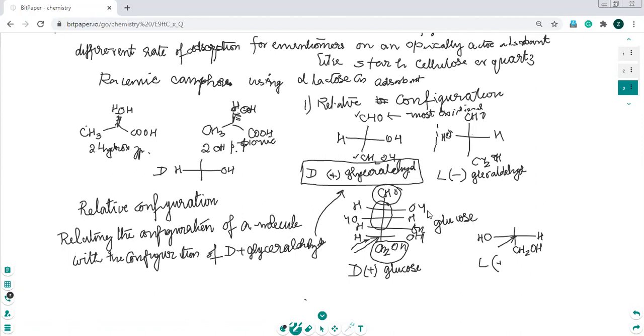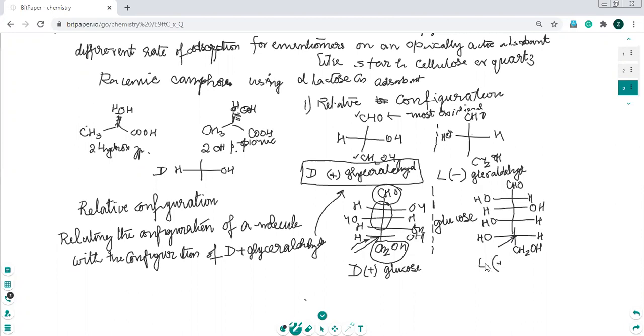But one thing I will tell you: if you take the mirror image of this, OH, H, H, OH, OH and H, and CH2OH, definitely this is going to have L configuration.